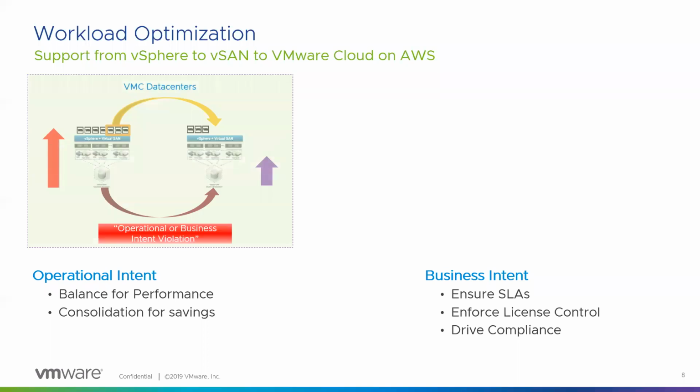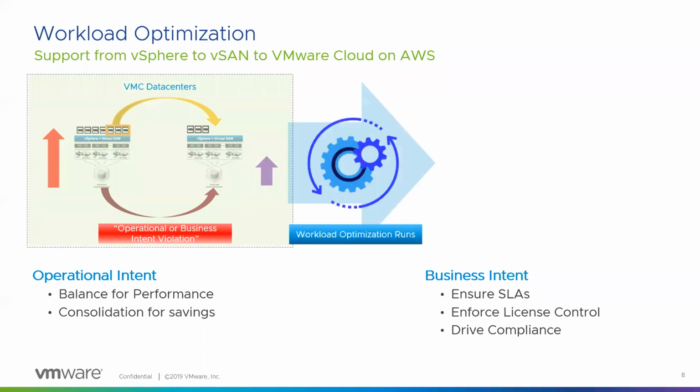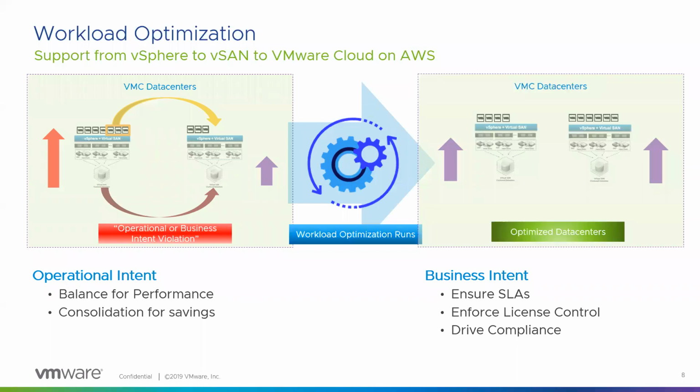So let's dig in a little bit to workload optimization. If you're not familiar with it, I mentioned earlier that there are two kinds of policies at play, two intents that you can use to govern the workload optimization engine in vRealize Operations. The first of those is operational intent.